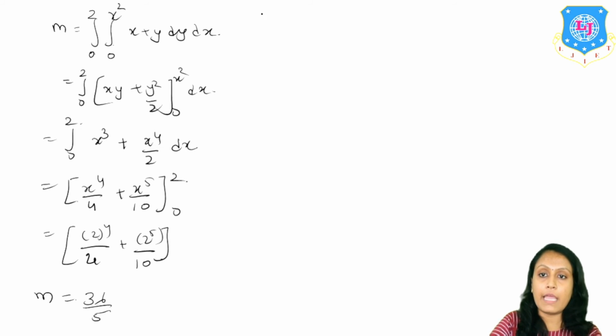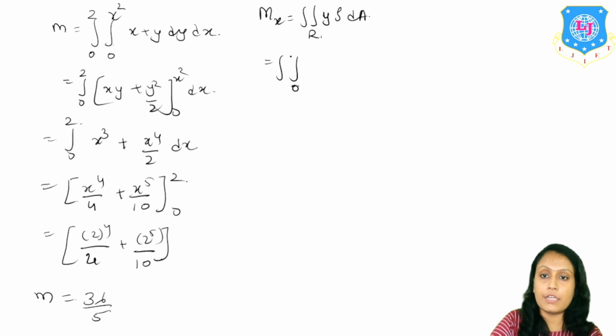Now we have to find Mx and My. Mx is given by the formula double integration over region R of y into rho dA. The limits will be the same, so integration 0 to 2, 0 to x squared, y into x plus y, dy dx.